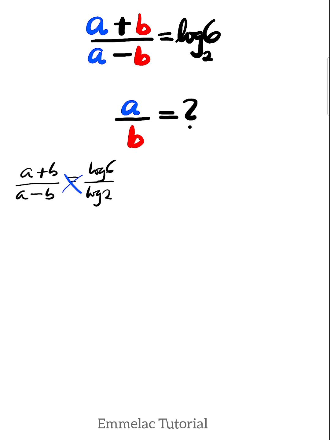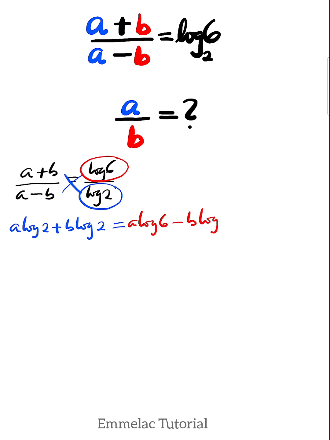By cross multiplying, the whole of this multiplies through a plus b, so that gives us a log 2 plus b log 2, then equals the whole of log 6 multiplied by a minus b, which gives us a log 6 minus b log 6.